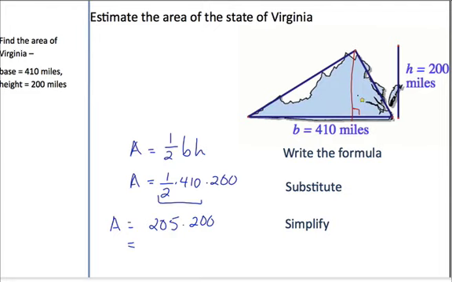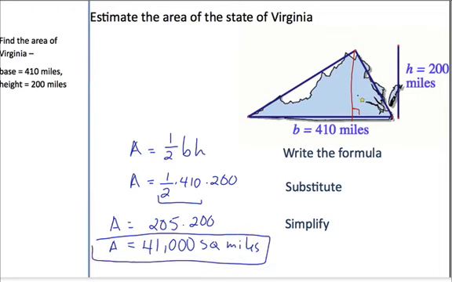So 205 times 200 is going to be a total of 41,000 square miles. And it's square miles because it's an area. And that is a good estimation of the area of the state of Virginia.